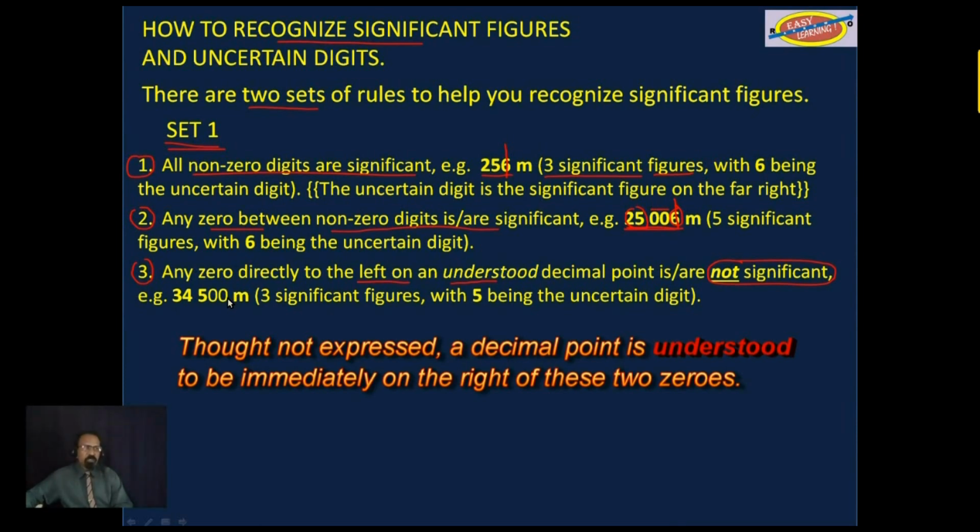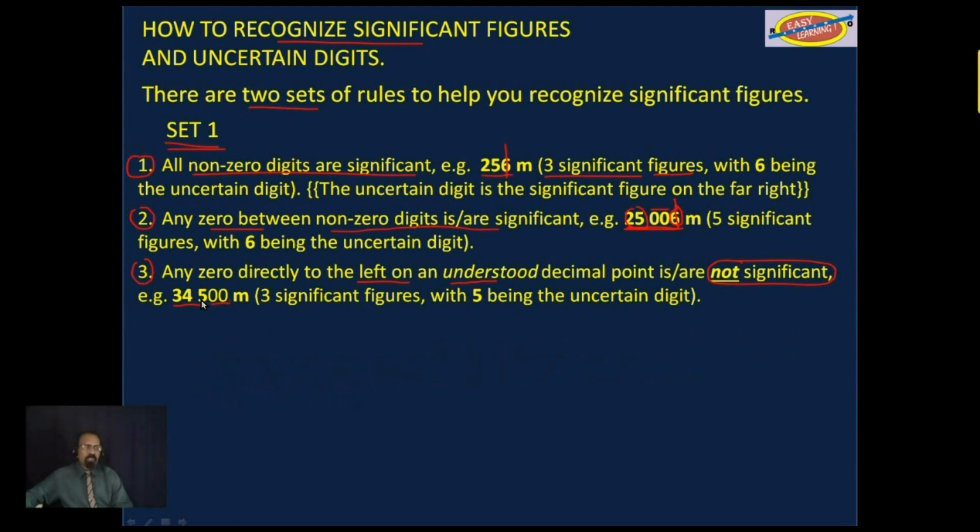It is understood to be there. Now these 2 zeros are immediately to the left of an understood decimal point. So they are not considered significant. It means therefore that we have 3 significant figures, and out of the significant figures, the one on the far right is considered uncertain. So 5 is our uncertain digit.